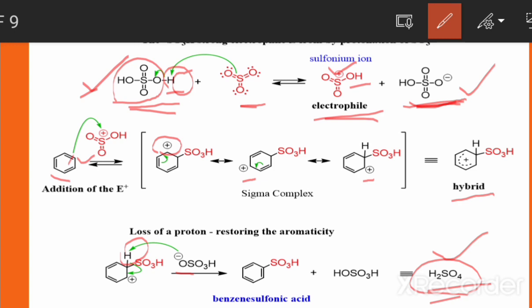A catalyst is a substance that helps the reaction proceed, and it is not used up, because at the end we gain it in its original position. And we have benzene sulfonic acid as the main product, and the catalyst in its original position.